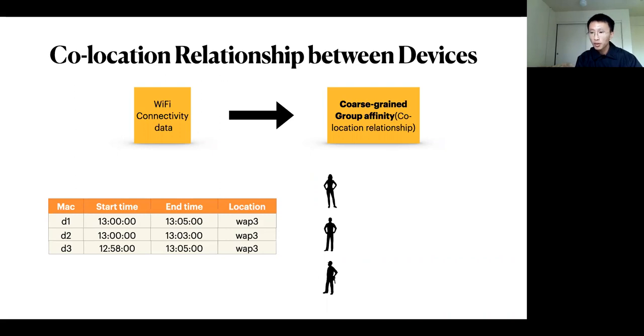For example, we consider the following three tuples. We observe that they connect to the same region at approximately the same time, which means that they are in the same region at this timestamp. Thus, we can learn how often a set of devices are together in a region from connectivity logs.